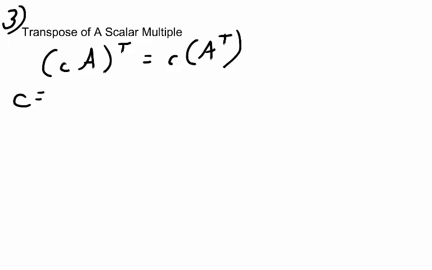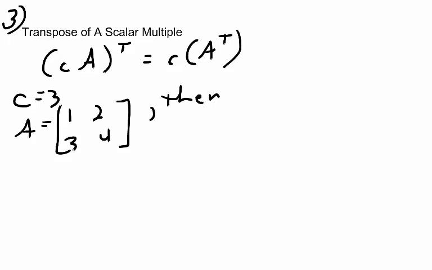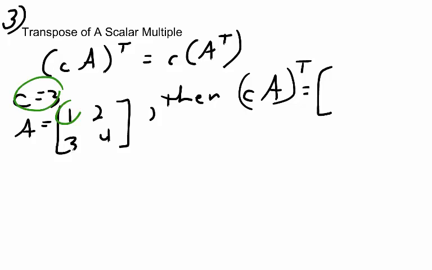So if we let C equal 3 and A equal 1, 2, 3, 4, then CA transpose equals, we take our C and multiply it by each entry, so we have 3, 6, 9, and 12.